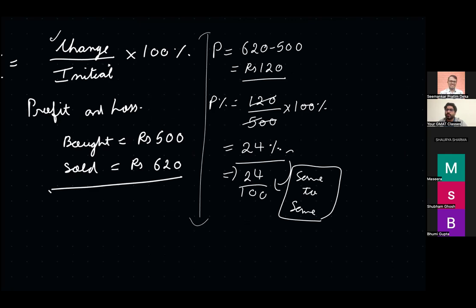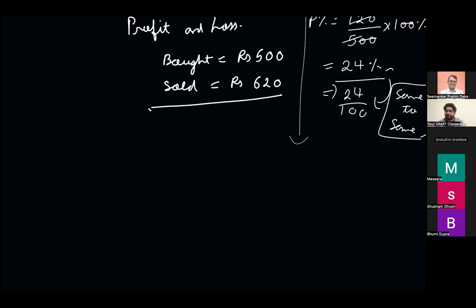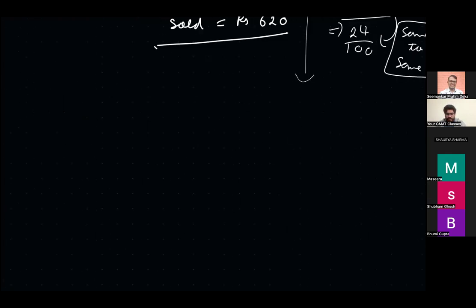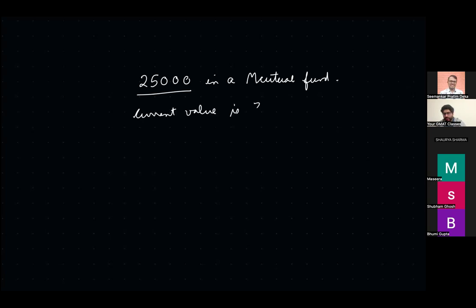Where else do we use change upon initial? Investment. Let's say I invested 25,000 into a mutual fund, and its current value is 35,000. So how much return percent am I earning?